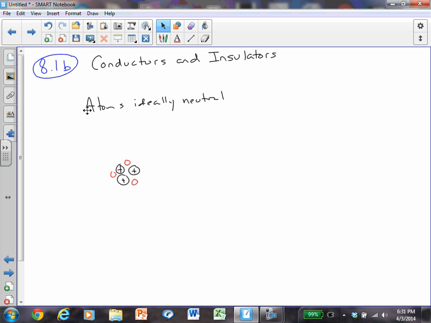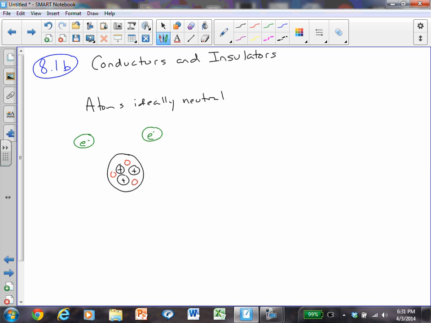And if there's 3 protons, there's 3 electrons going around, right? Like something like that. Electrons combine with the nucleus so that the positive and the negative charges add to zero.